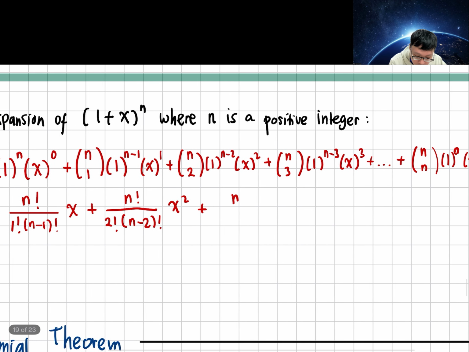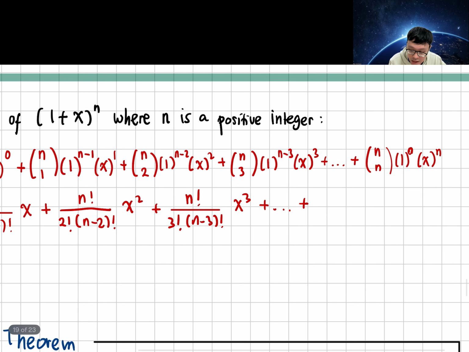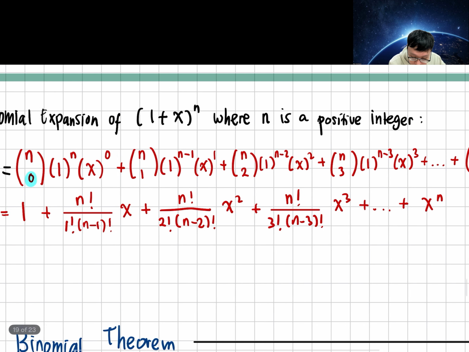Plus n choose 3 gives you n factorial over 3 factorial times n minus 3 factorial, and you have x cubed, and you keep doing that until you reach the last term. But n choose n is 1, because once again, in Pascal's triangle, the last term is 1. 1 exponent 0 is just 1, and then you get x^n.